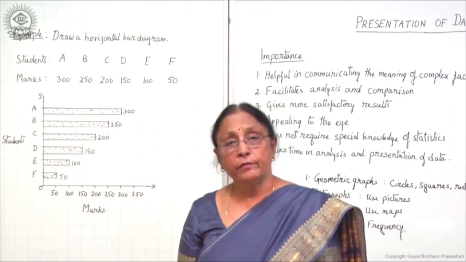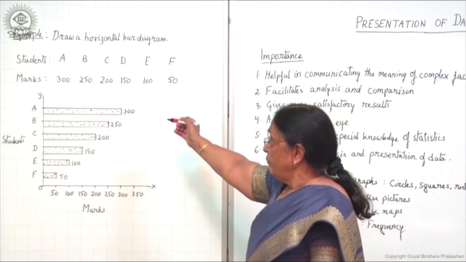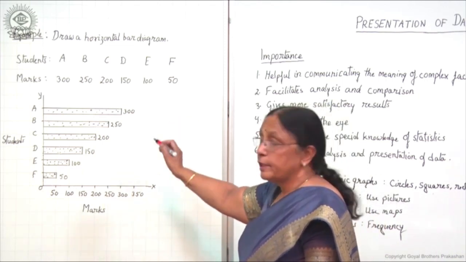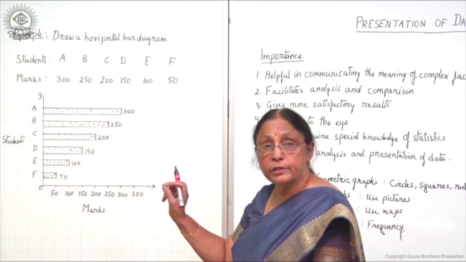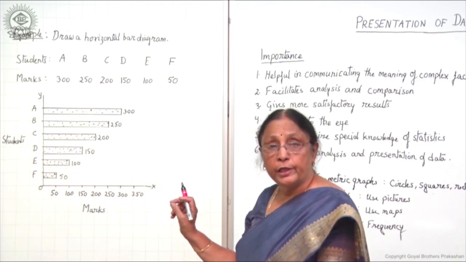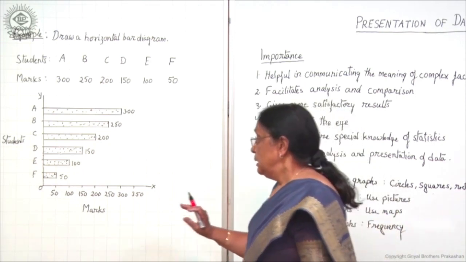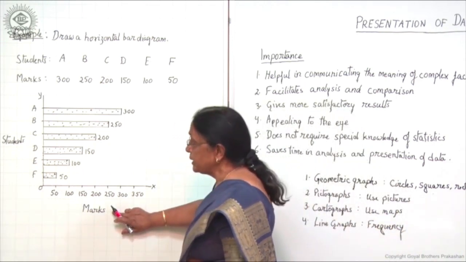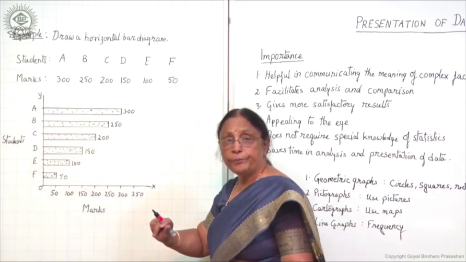These are the marks given to each group. When you draw the diagram, this is again the simple bar diagram. Why? Because only one bar is showing the data, or data is depicted with the help of only a single type of bar. Marks are given on the OX axis, students on the OY axis.